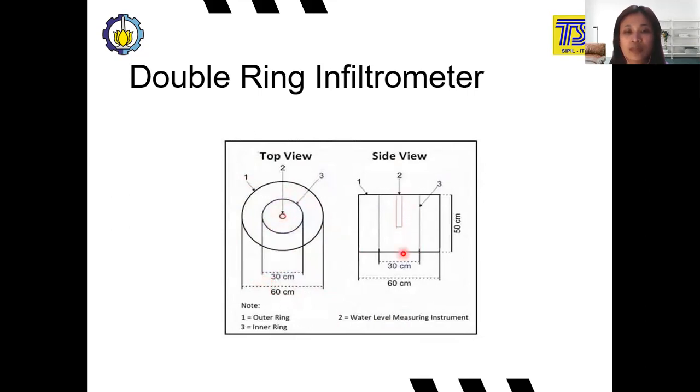And here we have the water level measuring instruments, the number 2. Yeah, this is called the double ring infiltrometer. For the single ring, it's the same, but there's no outer ring or inner ring. So there will be only one ring and the water level measuring instrument.